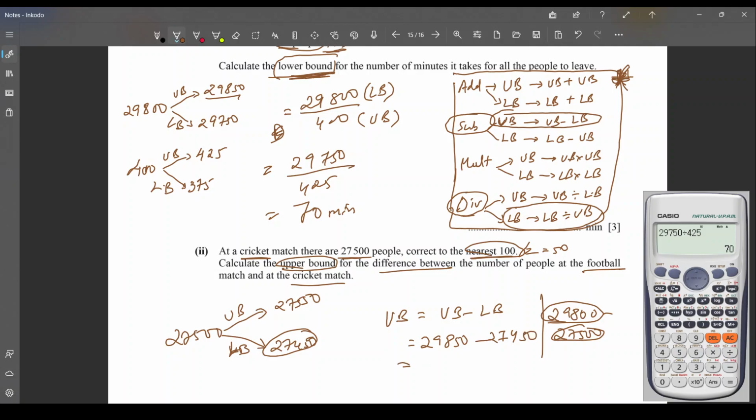If you subtract it, 29,850 minus 27,450, you will get the answer 2,400.